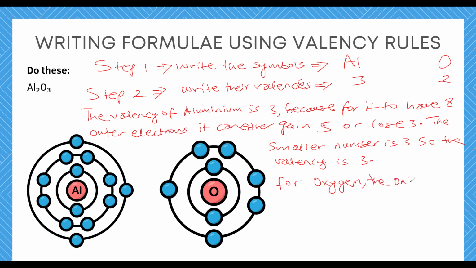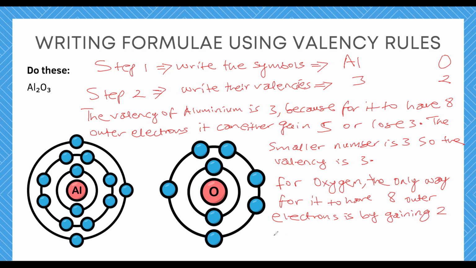For oxygen, the only way for it to have 8 outer electrons is by gaining 2, which means its valency is 2.